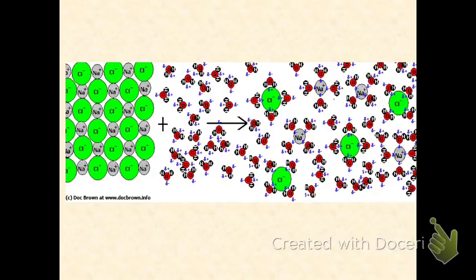Also, whenever you're surrounding it with water, surround with a minimum of 4. 6 is better. This has 4. And of course, you want to orient the water where you have the positive side of water next to the chlorine or the negative anion, and you want to have the negative side of water oriented towards the positive sodium or the cation.